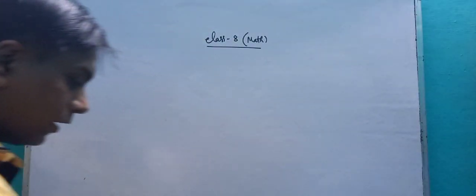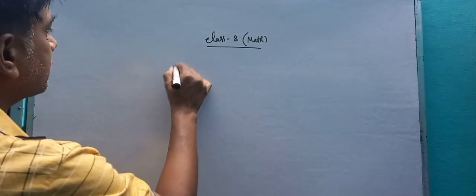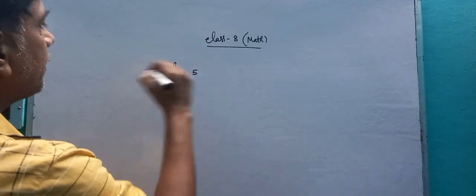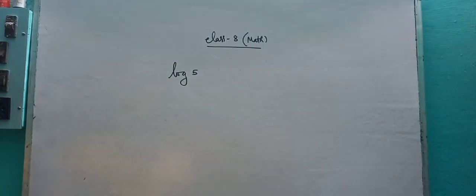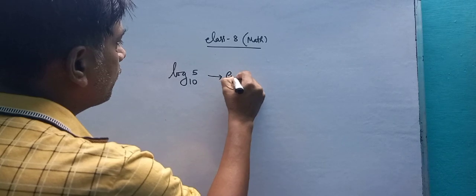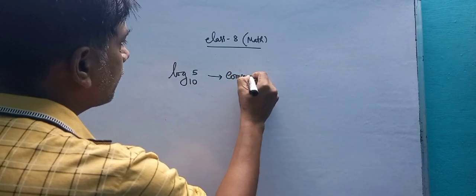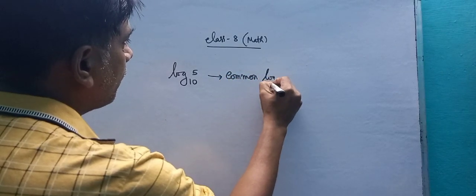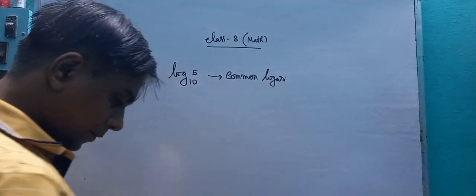Another part: suppose I say log 5, and you ask me, sir, what is the base value there? If no base value is given, that is called the common logarithm.